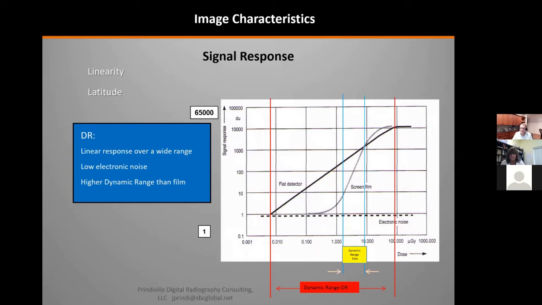So I don't have to take 2 exposures, or double or triple load shots. I've worked on applications where they've triple loaded their film cassettes in order to cover the dynamic range they needed, where just one DDA shot would cover the whole thing. So with DDAs, better linearity, better dynamic range. Worse resolution, better contrast to noise.